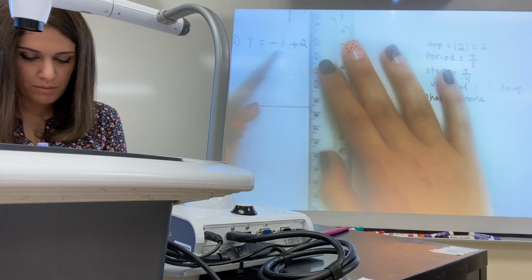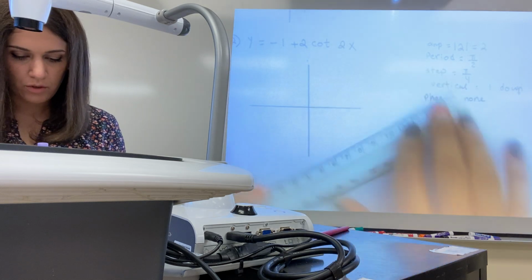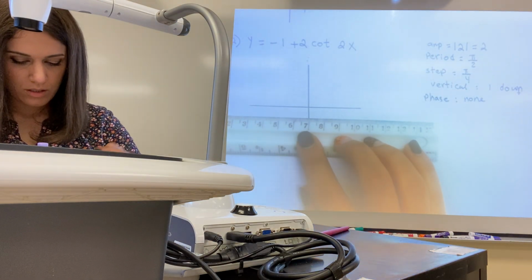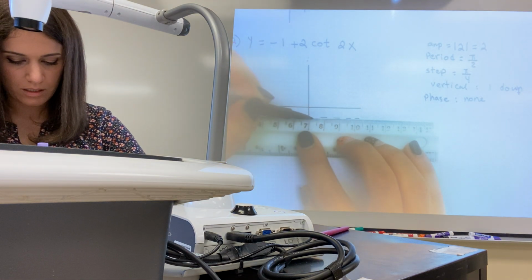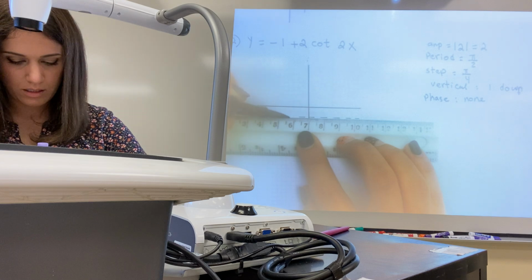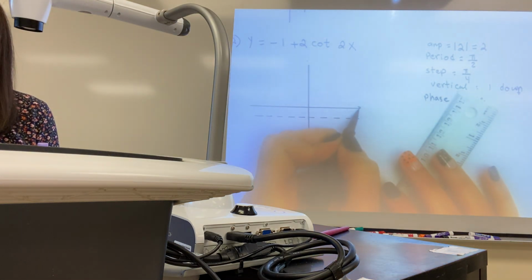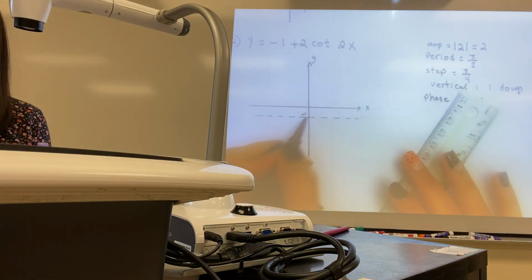So it will be shifted down 1 unit. We don't have a horizontal shift, so we just want to shift the x-axis. Okay, there's the x and the y, and this is -1.